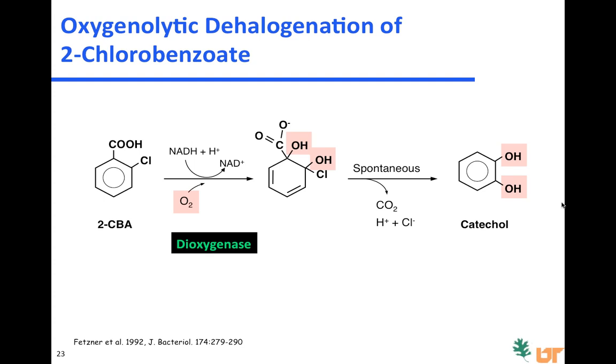So both oxygen atoms are incorporated into the product. Those enzymes are called dioxygenases. And so there are many dioxygenases known that can contribute to the dechlorination of chlorinated aromatic and aliphatic compounds. Another example for oxygenolytic dehalogenation.